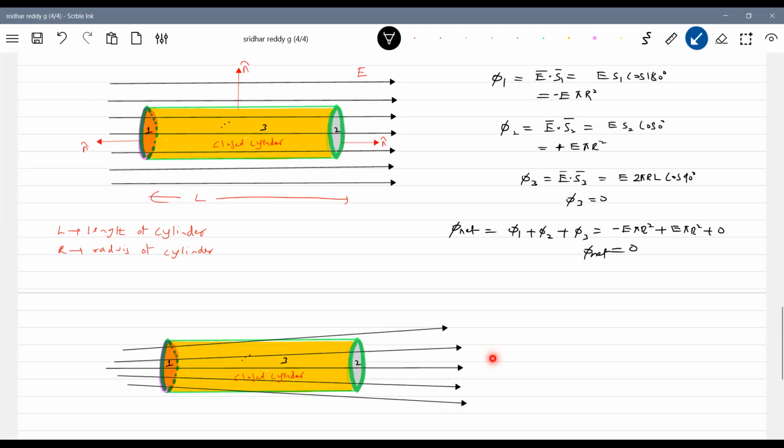Now, what do you say about the net flux? It should be non-zero in this case. Earlier the net flux was 0. It all depends upon the type of field in which we are immersing. So the flux by 1 is non-zero, flux by 2 non-zero, flux by 3 also non-zero.